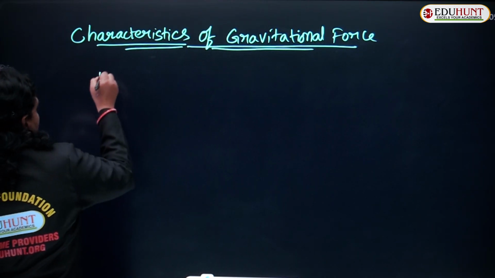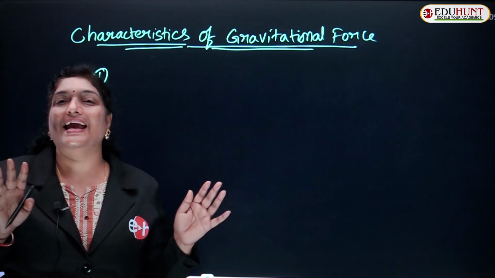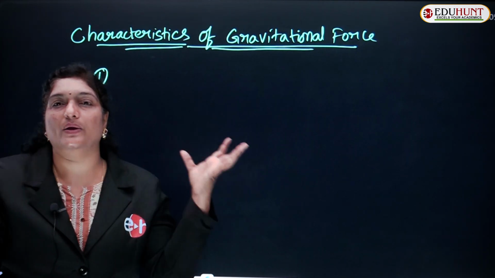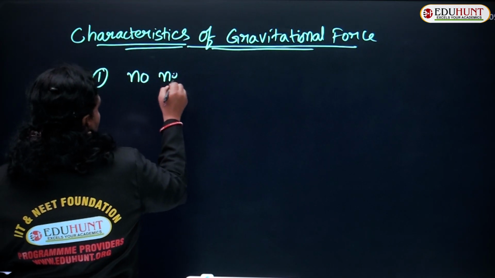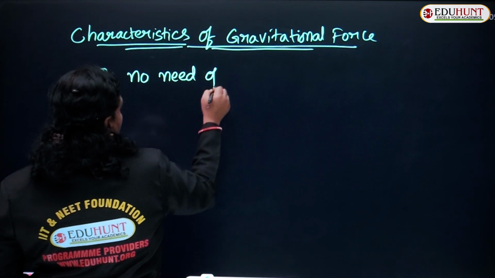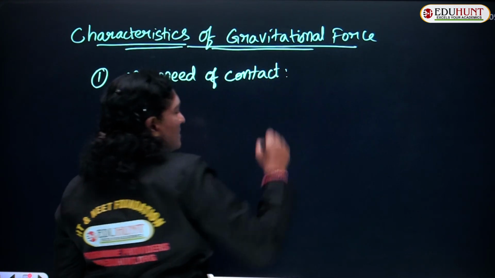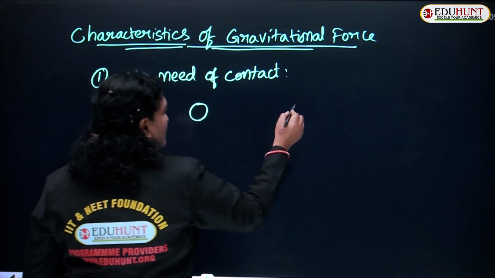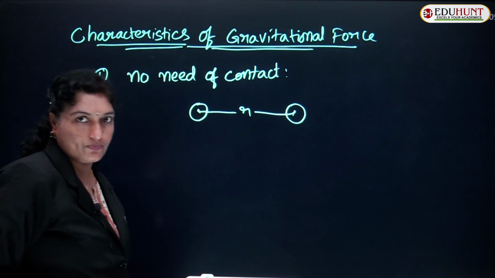So what is the first characteristic, children? There is no need of any contact between the two bodies. This force can also act when two bodies are separated by some distance.